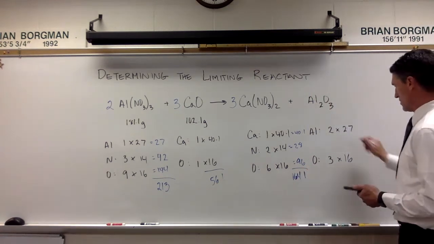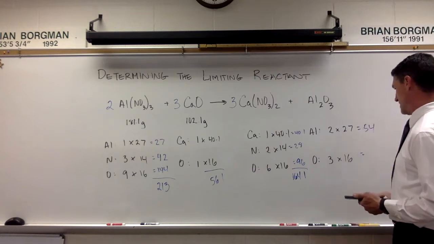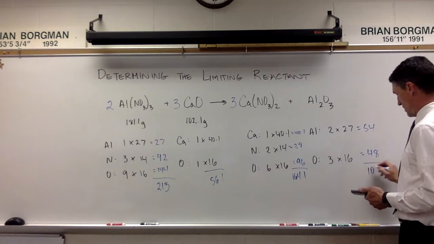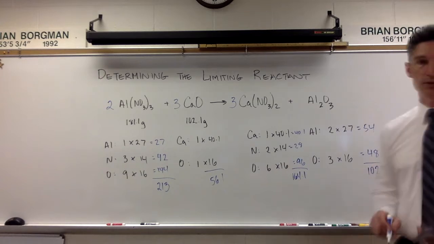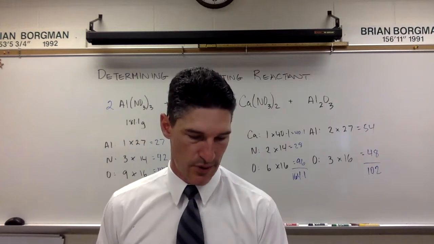And then over here, 2 times 27, that is 54. 3 times 16 is 48. 102. Okay, so what we've just calculated is the molar mass of all the reactants and all the products.